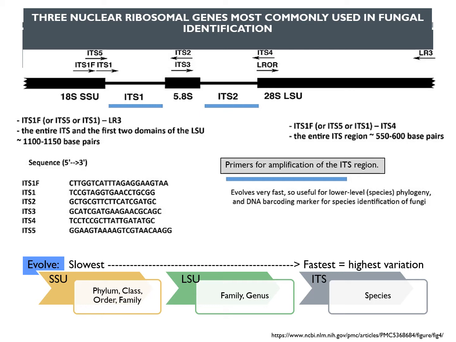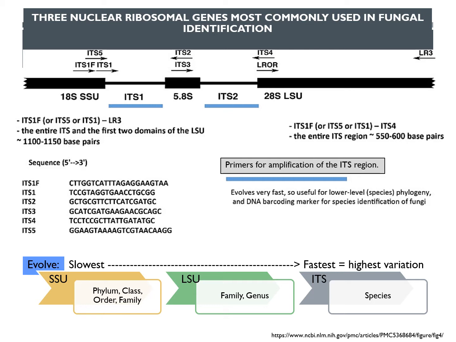For species level identification, the ITS is the most useful as it is the fastest evolving portion of the ribosomal RNA cistron. Due to its ease in amplification, widespread use, and appropriately large barcode gap, the ITS was chosen as the official barcode for fungi by a consortium of mycologists.